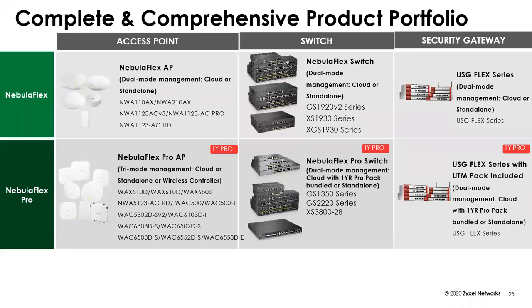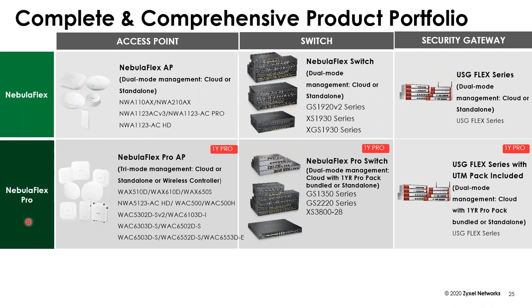So here's a quick breakdown of the different products. So for Nebula Flex, it's all of our 1 and 2 series access points. On our switches, it is the GS1920 V2s, the XS1930s, the XGS1930s, and USG Flex security gateways that don't come with any bundled UTM services.